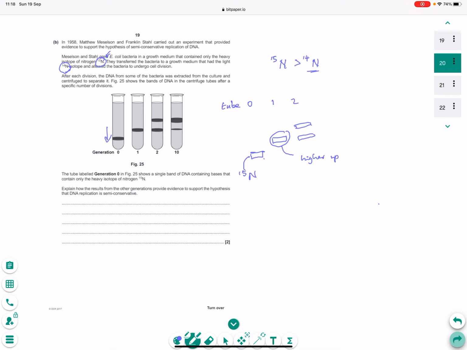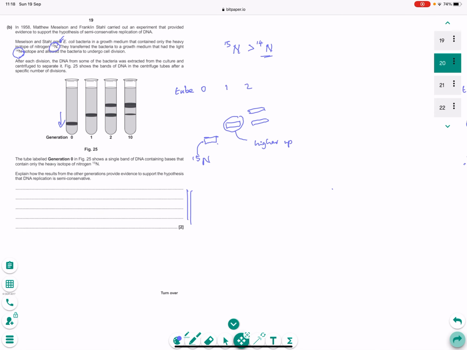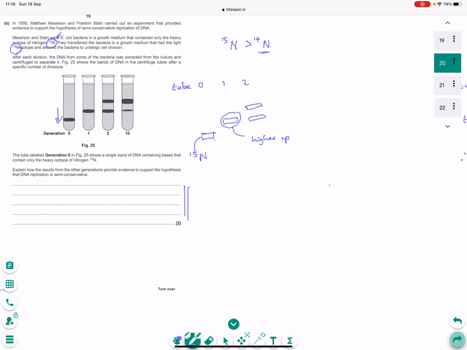Explain how the results from the other generations provide evidence to support the hypothesis that DNA replication is semi-conservative. It's quite difficult to explain that in words, but with a diagram it kind of helps things, which I'm trying to do now. Higher up, less dense, therefore has this isotope. Now we know it's 50-50, that isotope.